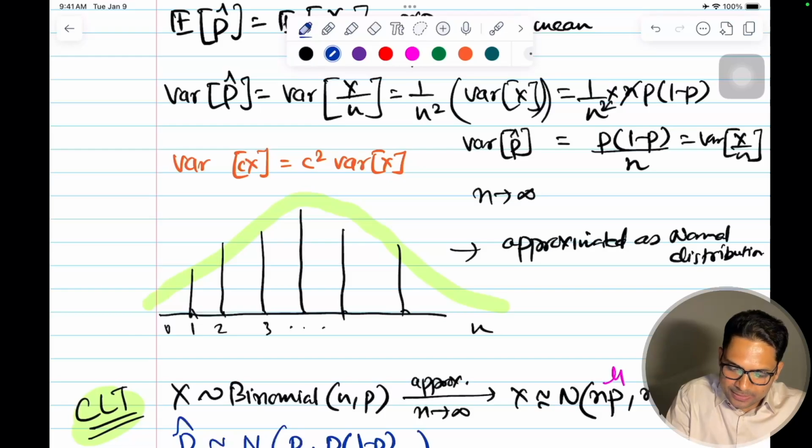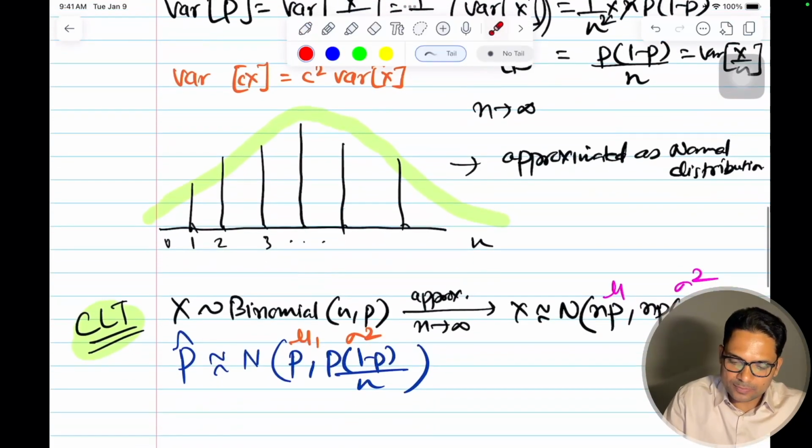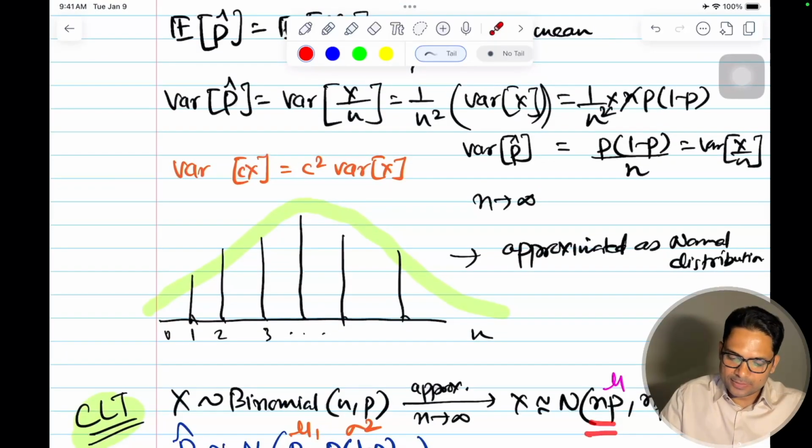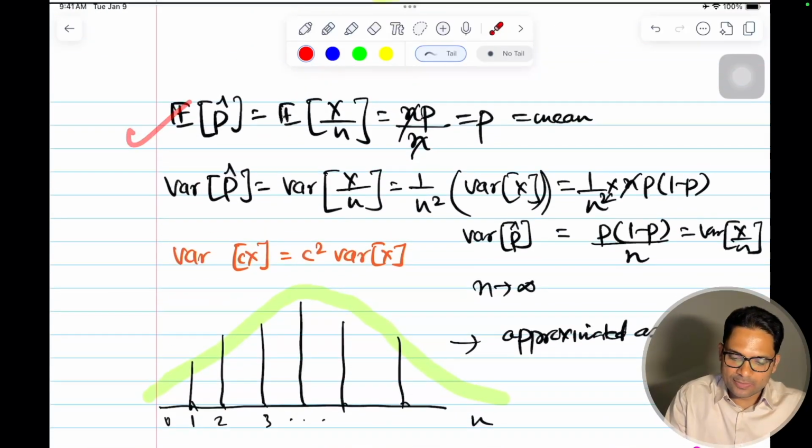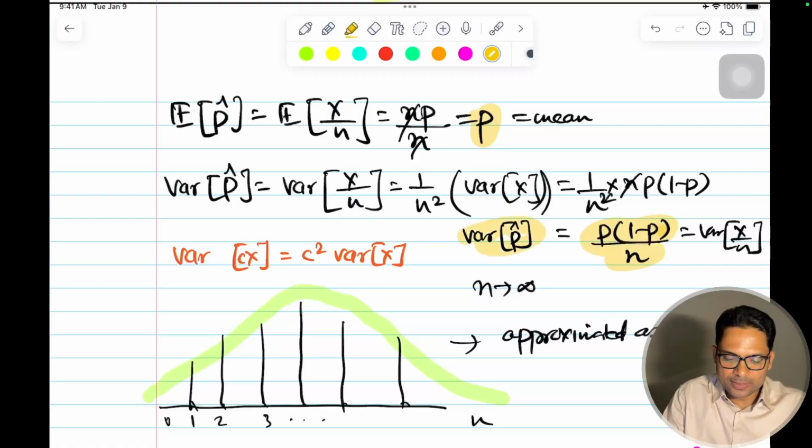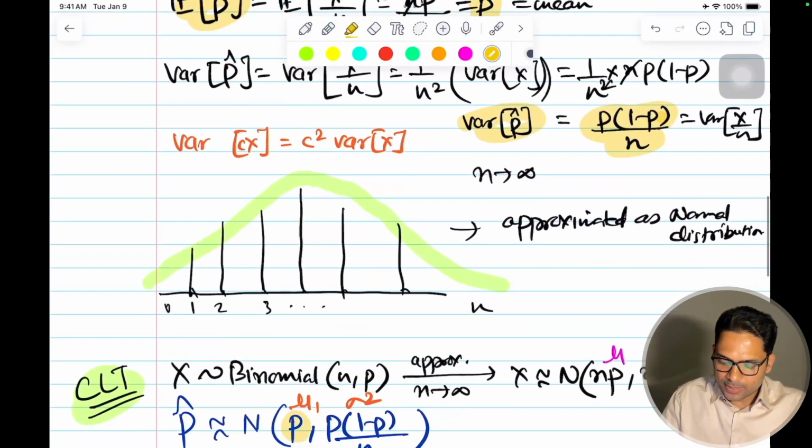So this will be its mean and variance, because this is just by n, we calculated from here. This is the expected value which came as p here, and the variance came as the variance of p hat. This is the expected value of p hat, and the same thing I have plugged in here.